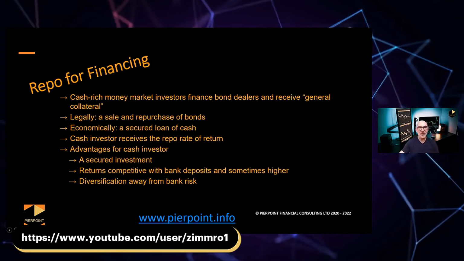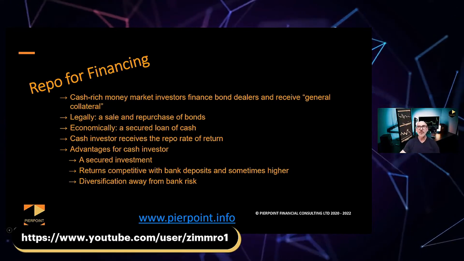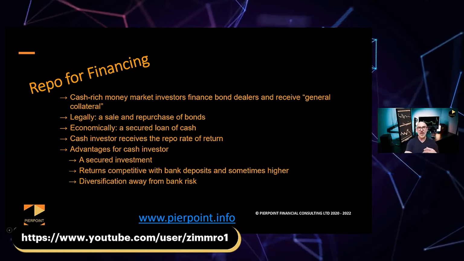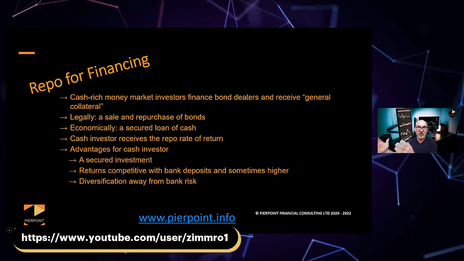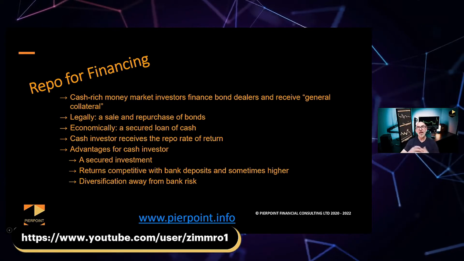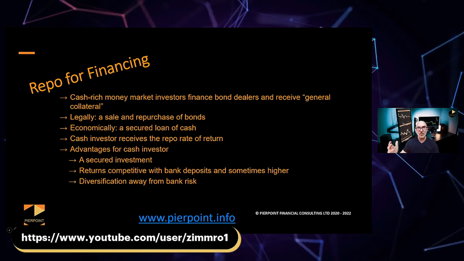Typically, it's used for financing, although that's not the only reason. So what you have really is, on the one hand, cash-rich market investors, and on the other hand, securities holders, bond holders usually, who want to actually borrow money against that.